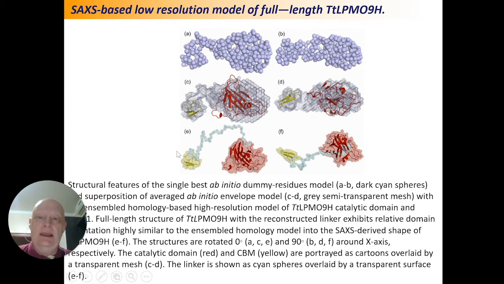SAXS data also allowed us to retrieve the conformation of the linker, and one can see a huge long linker that coordinates the relative position or orientation of these two models in such a way that the plane face of the CBM looks in the same direction as the plane face of the catalytic domain.